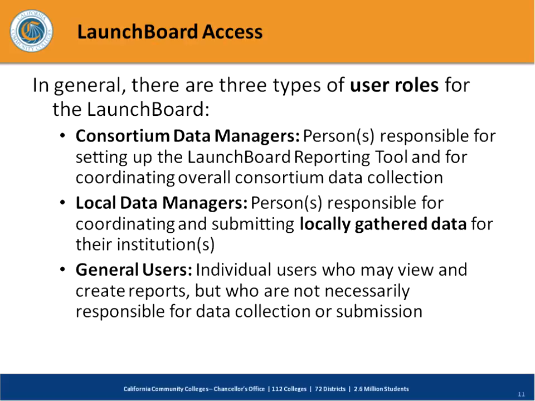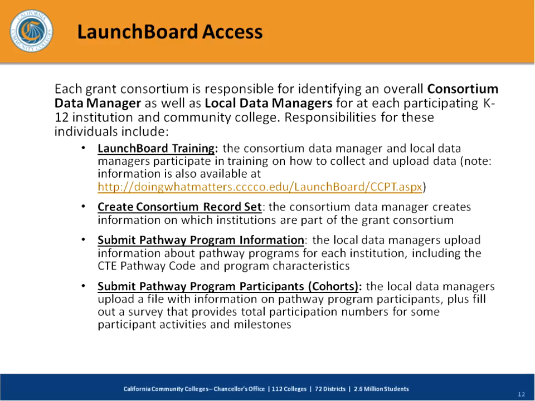And then we're going to be collecting some local data, which means you have to have someone assigned to each district and college who can get that information up into the system, as well as this opportunity to have anybody that's associated with your grant. So not just the grant managers, but also teachers and faculty or counselors who can go in and see the information so that everybody has a better sense of how work is progressing within your grant consortium.